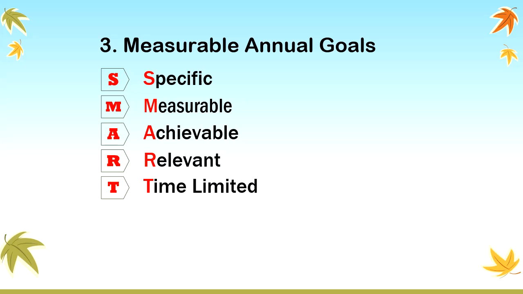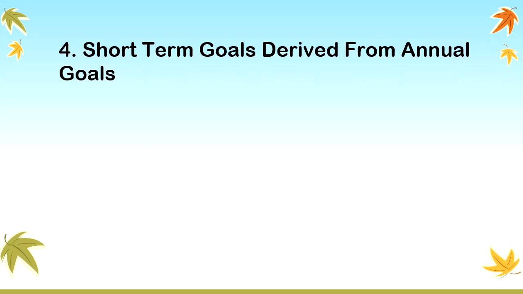T stands for time limited. A time limited goal should state specifically by what time or date the student is expected to accomplish it. In a time limited goal, progress monitoring should take place at regular intervals. The fourth component of IEP is short-term goals which are derived from annual goals.